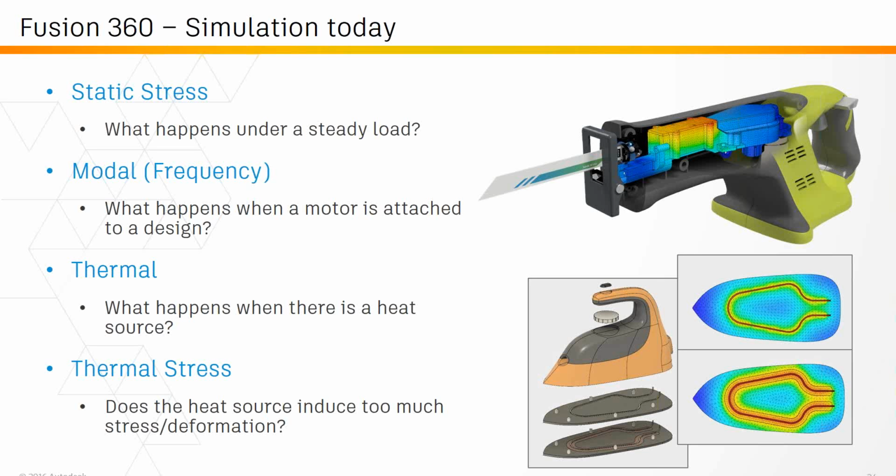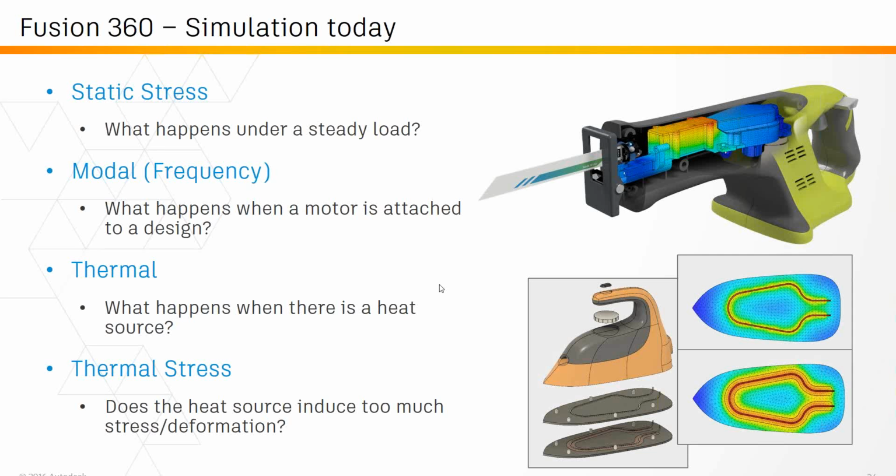And then we can map those temperature results back to a structural analysis to calculate our thermal expansions, our stresses due to thermal expansion, and the difference in material properties between interfacing components. Figure out if we're going to have any problems with that thermal expansion or not.